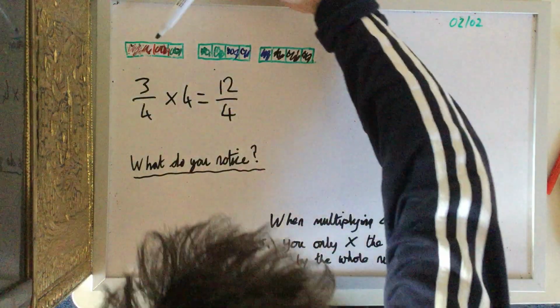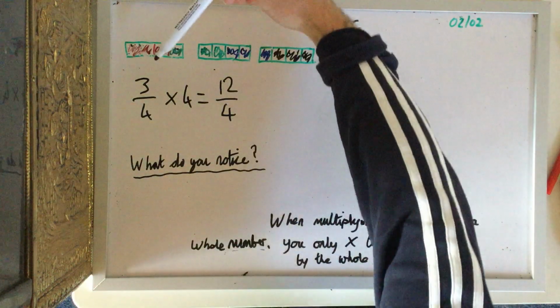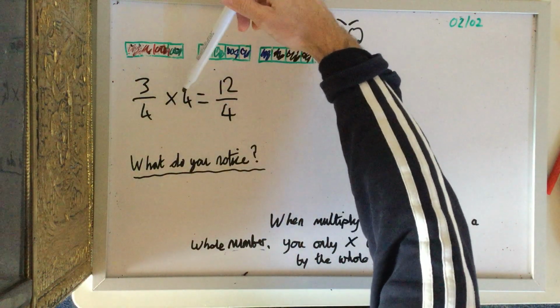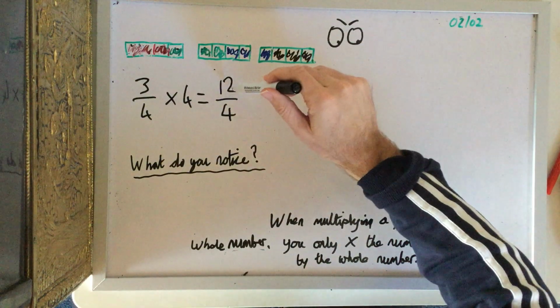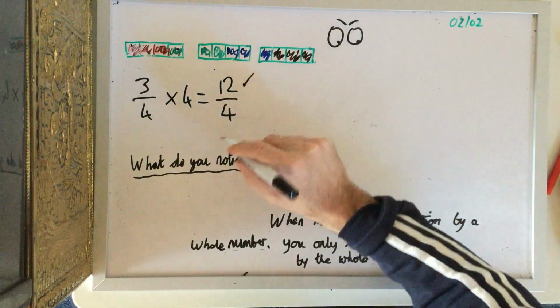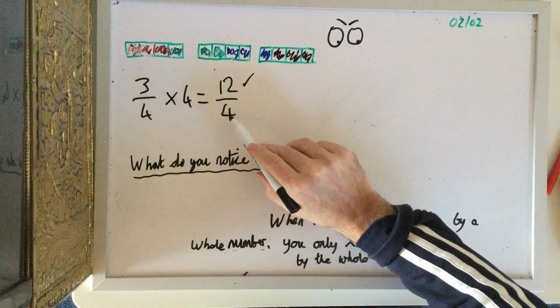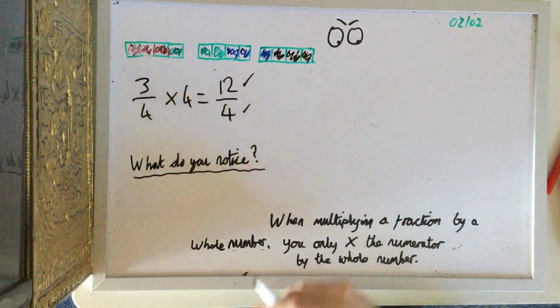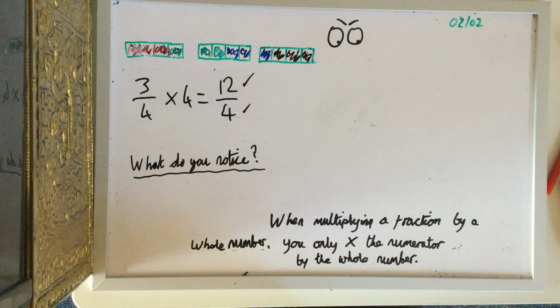If we look at the one we've done, 3 times 4 equals 12, and then your denominator stays the same, so 12/4.